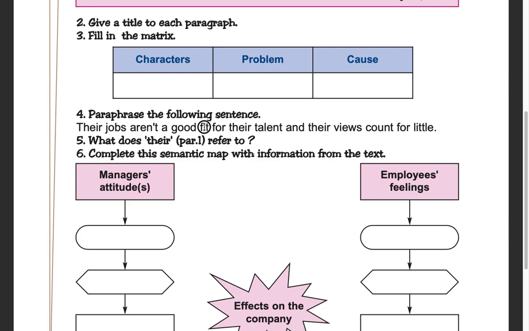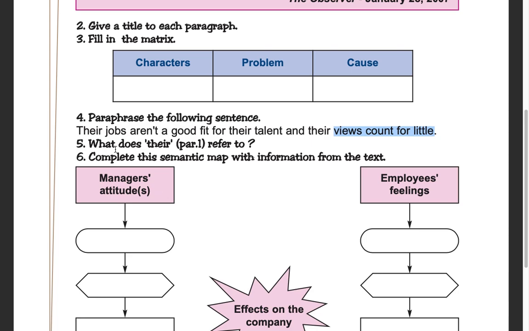But they say that their jobs aren't a good fit for their talents. So imagine being good at using computers, at ICT, but you work as a plumber. That job doesn't fit you, it is not fit for your talents. And their views count for little, as we have explained earlier. This means that no one listens to them and their points of view.